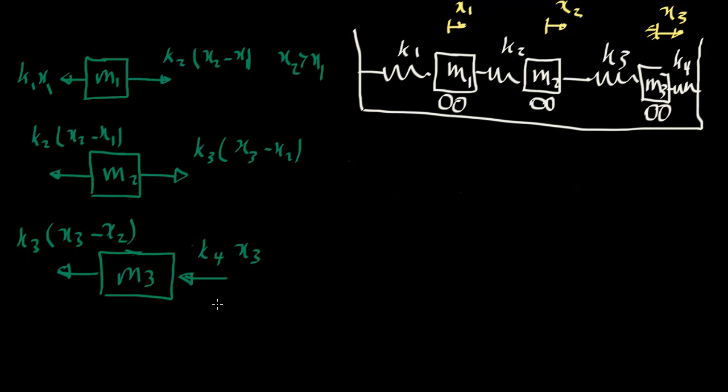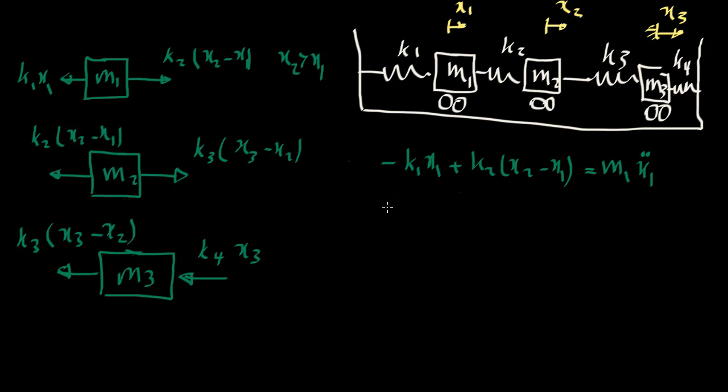Okay, so now that we have these free body diagrams, we can go ahead and use Newton's equation to derive the governing equation of motion. So here I can write down: this would be minus k1 x1, because it is in the leftward direction, plus k2 times x2 minus x1, which is in the positive direction. This would equal m1 x1 double dot.